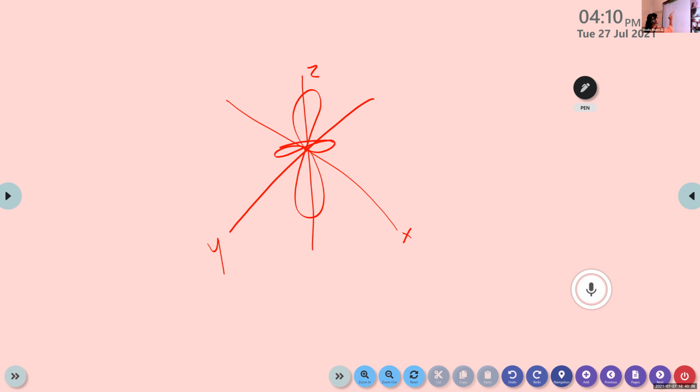Actually, it's like this. Okay, this one is known as dz square.